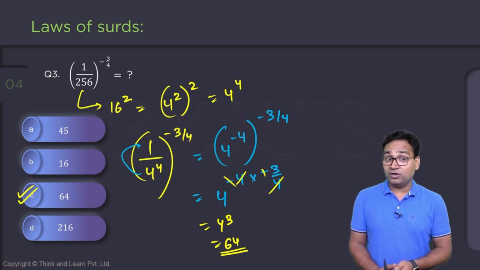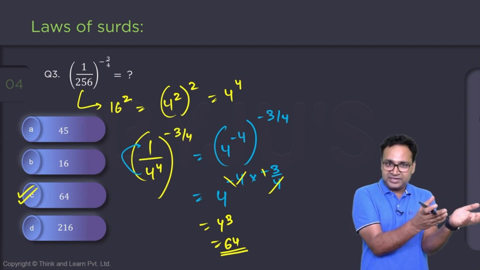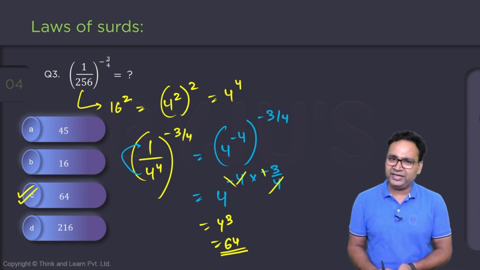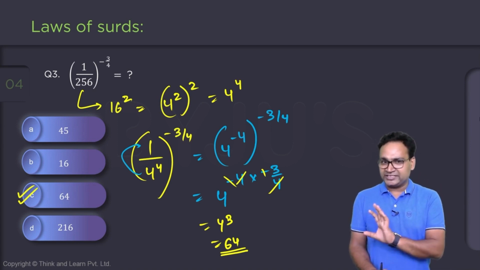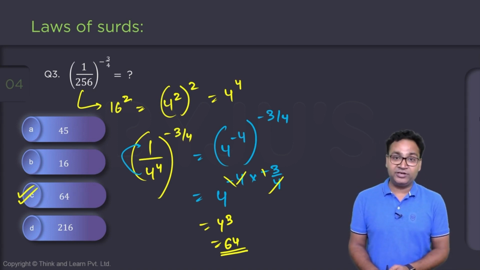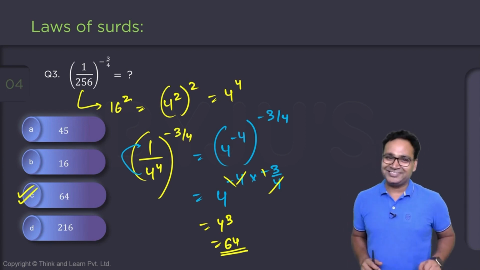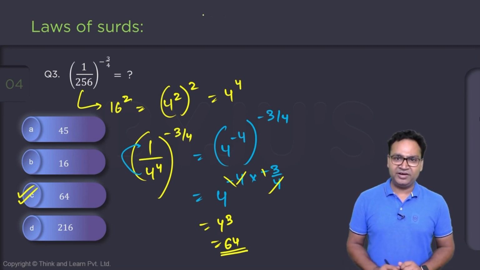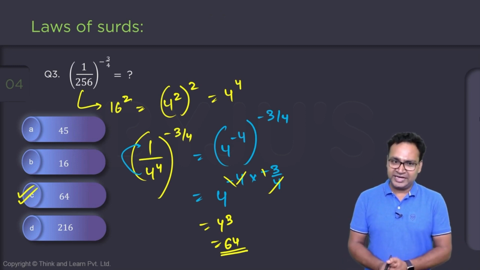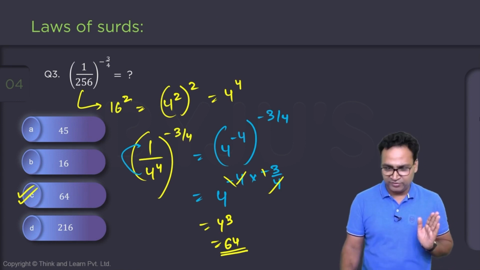If you do not want to go back to your 7th or 8th class book, you can pick up any other booklet that has this topic of indices and surds for banking exams. It will definitely help you improve your command over surds and indices. And this is really important: practice not less than 25 questions of surds and indices after watching this particular video.